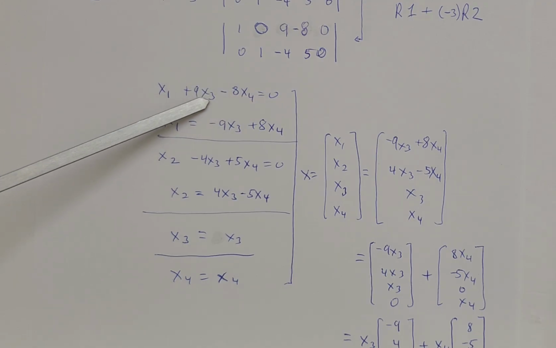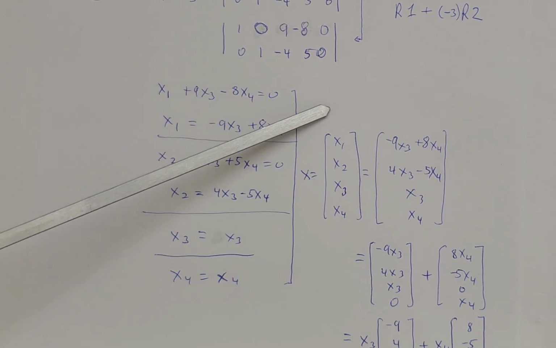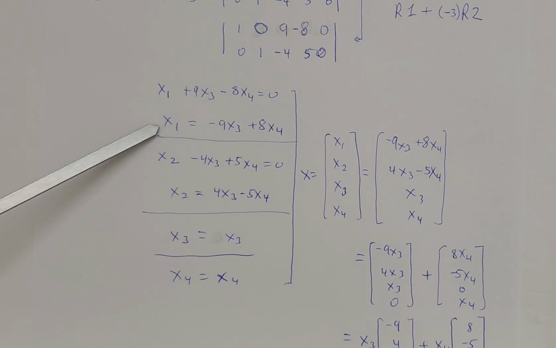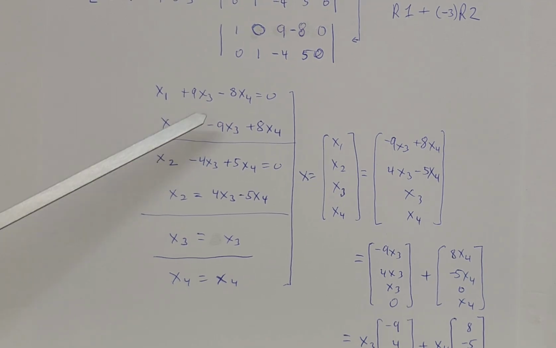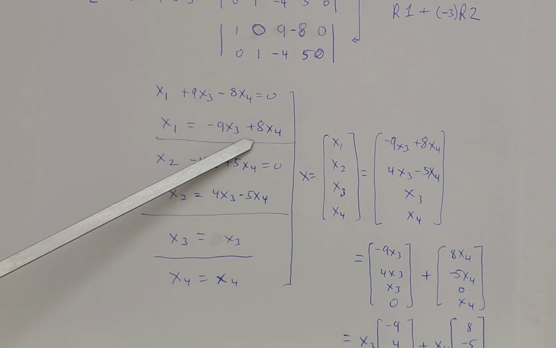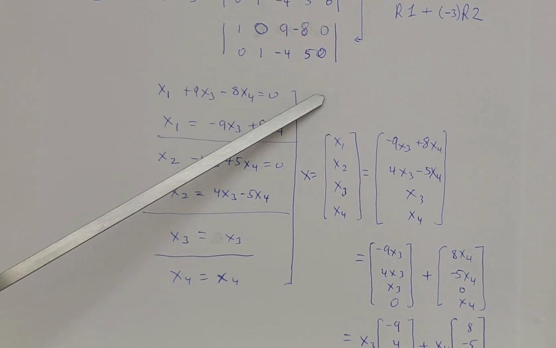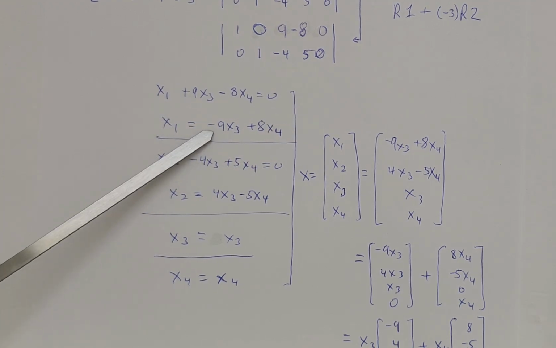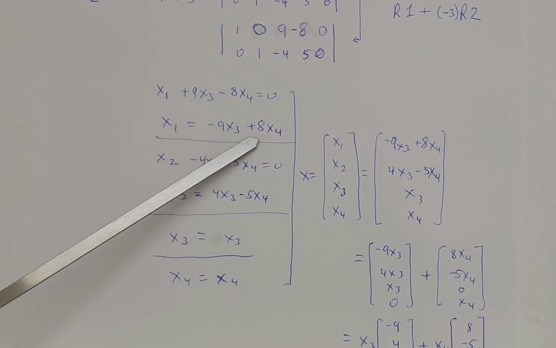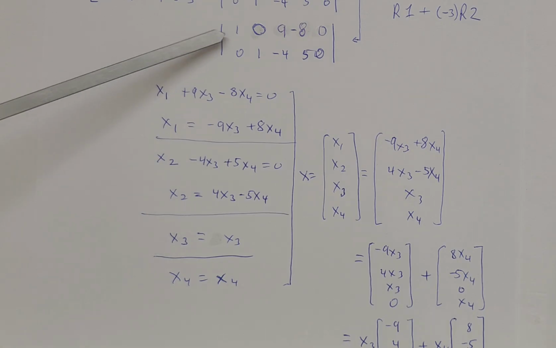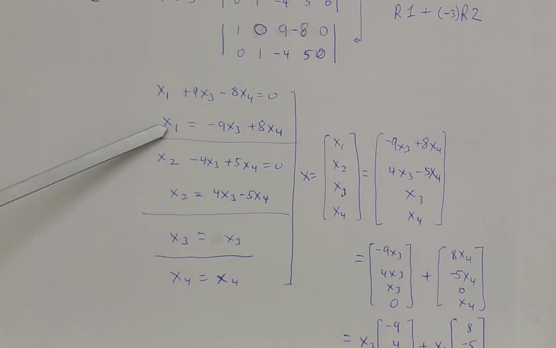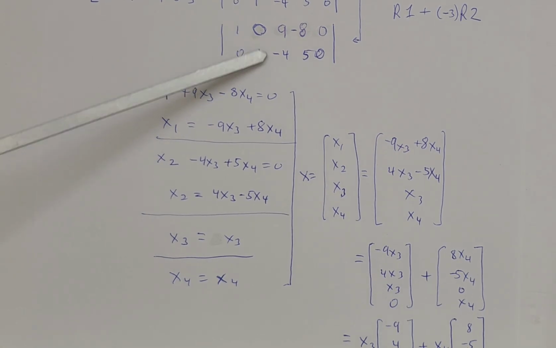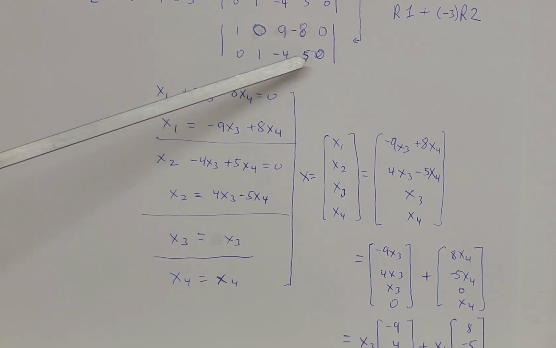Subtract the x3 and the x4 over to the other side, so I just get x1 by itself. So +9 becomes -9, and -8 becomes +8. Just bring the 9 over to the right, bring the -8 to the right. Next, because this is x1, this right here will be our x2. x2 is equal to -4 and 5.